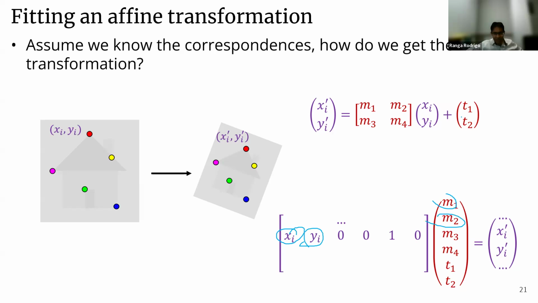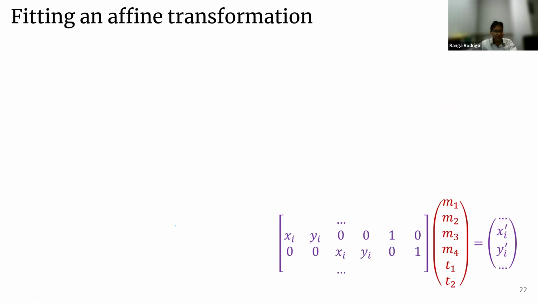Then in the first equation, you have M1, M2, X1, Y1, and T1. That's fine for T1, you have 1. For others, you have nothing, 0. That answer is Xi prime. For Yi prime also, you can write an equation. That's only for 1 point. So for all the 5 points, all the points that you have, you can write the equations like this. So this is for 1 point.